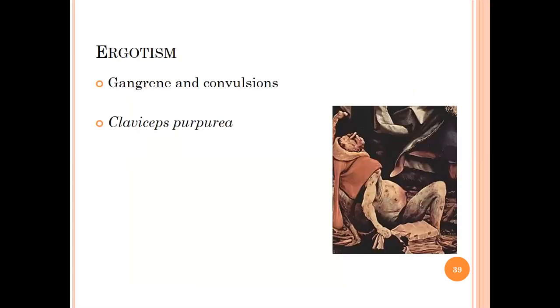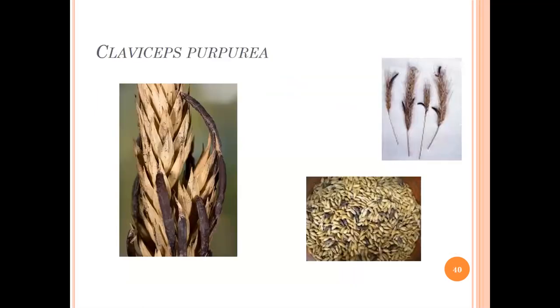Ergotism. Ergotism is a severe mycotoxicosis. It happened in the medieval and middle centuries in Europe. There were severe outbreaks characterized by gangrene and convulsions, because Claviceps purpurea, when it affects corn and wheat, produces a composition of lysergic acids, and it can affect the nervous system.